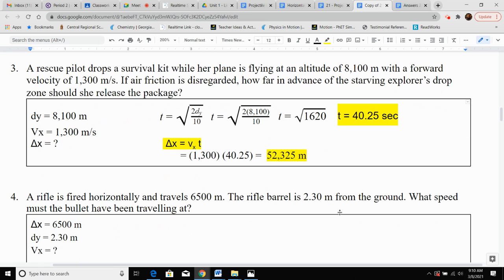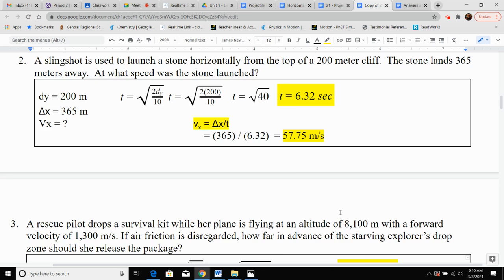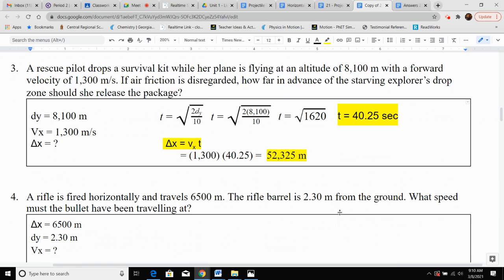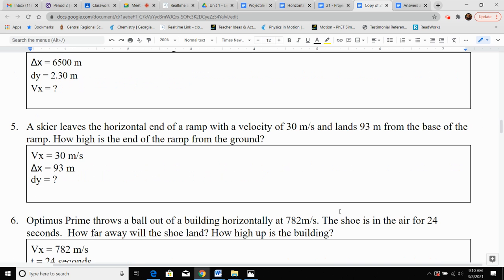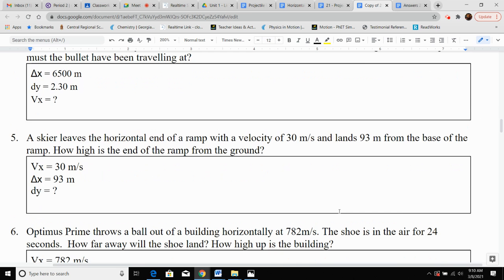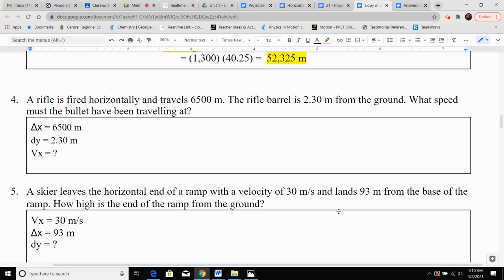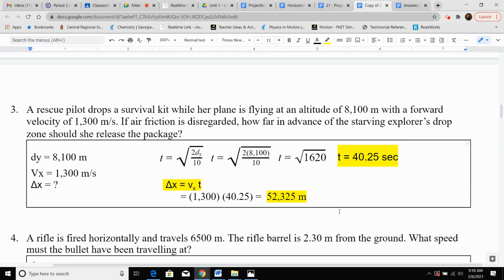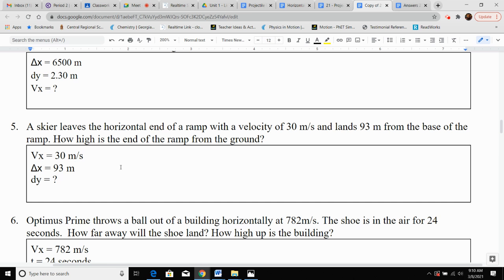So number 4 is going to be done just like number 2. Number 5, we're going to do real quick. They want dy.